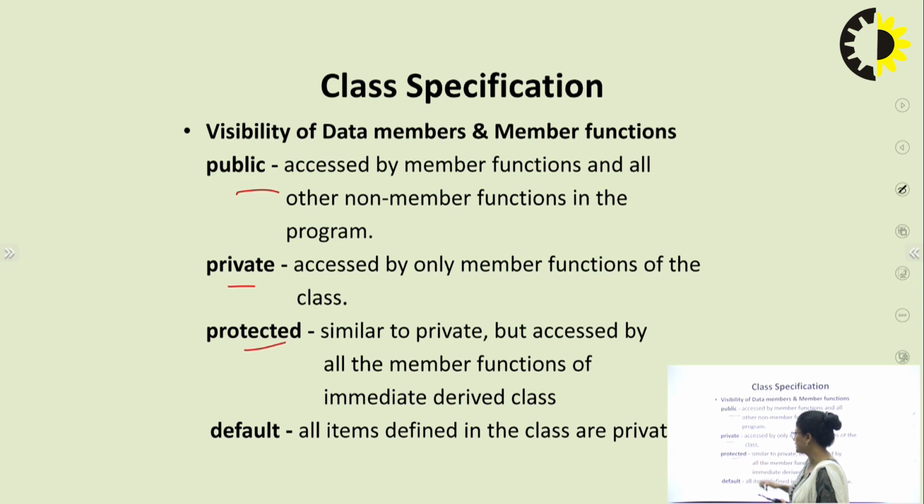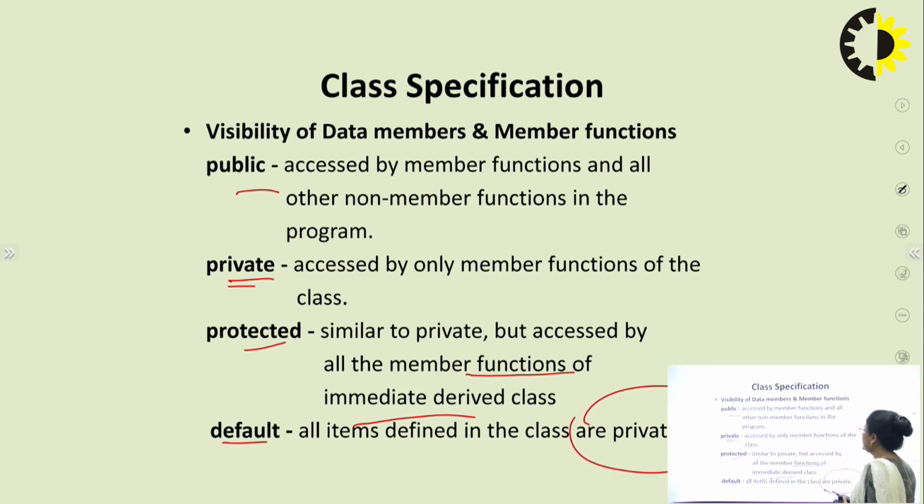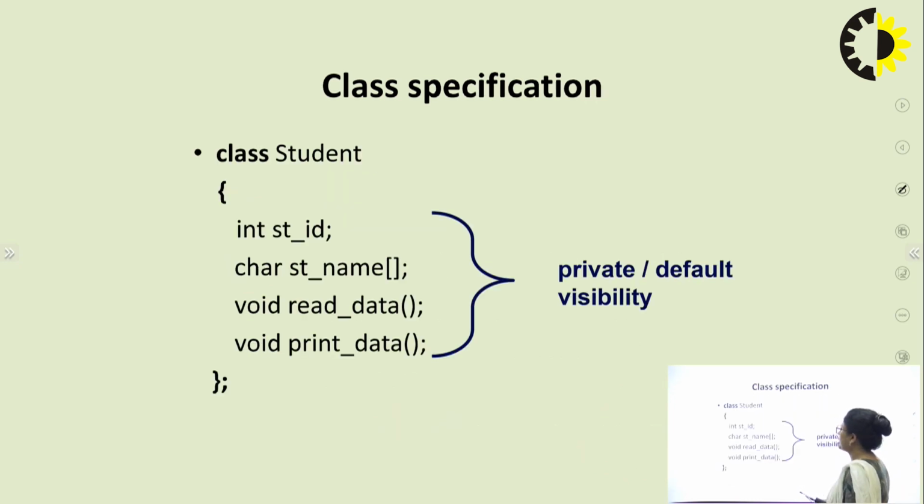Public, private, protected. Public means the members can be accessed by code outside the class. Private members can only be accessed by the member functions of the class. Protected members can only be accessed by the member functions of that class and the member functions of classes derived from that particular class. And by default, if you don't specify any visibility, it goes under private visibility.